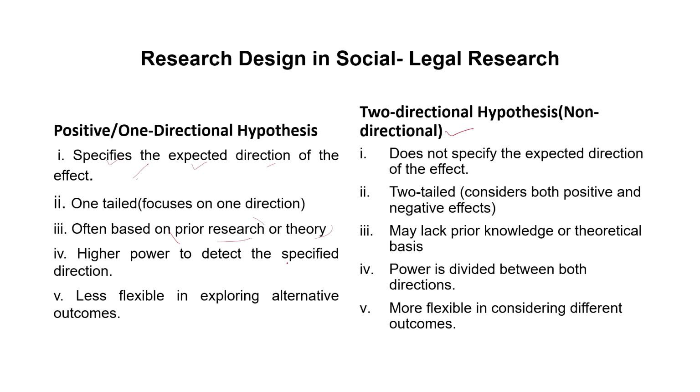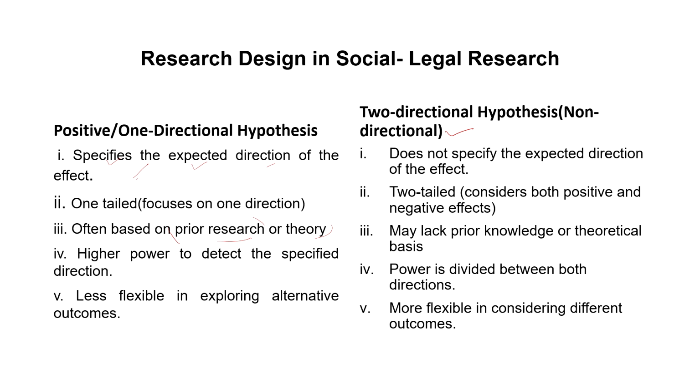So, the power is divided into two directions, but in a one directional hypothesis there is a higher power to detect the specified direction, and there is less flexibility in exploring alternate outcomes. Now, let us see how the two directional hypothesis differs from the one directional hypothesis.